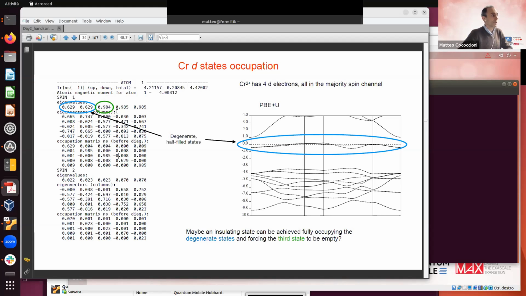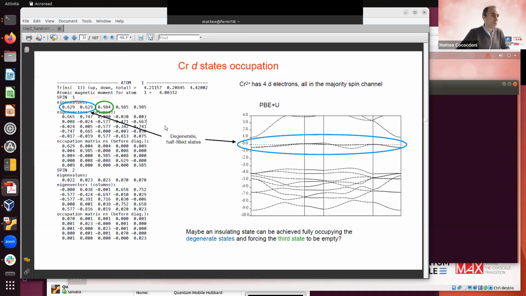So why don't we impose that the occupation of these states be 0, and then we suggest to the code that the occupation of these other 2 states become 1. These are already 1, so occupied fully, and we can check whether the code likes that, and a minimum can be found with a fully occupied state separated in energy from the unoccupied one.